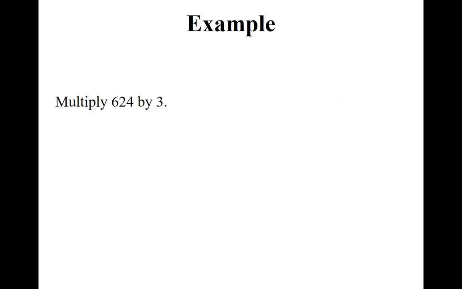Multiply 624 by 3. Don't worry, I'm not going to ask you, at least not yet, to do this using the distributive property. By the way, that would just be 3 times 600 plus 3 times 20 plus 3 times 4. We're going to go through the process of multiplying, quote unquote, the old-fashioned way.